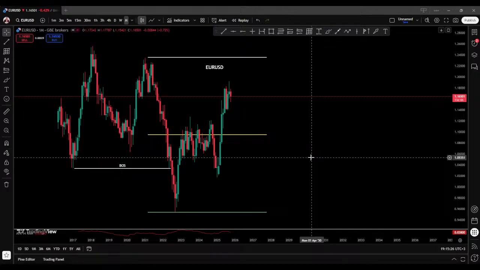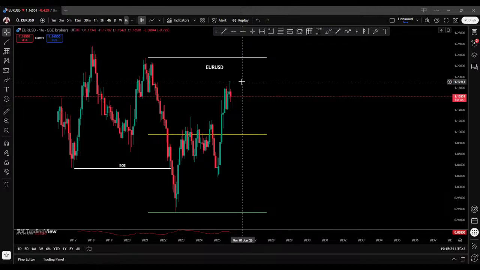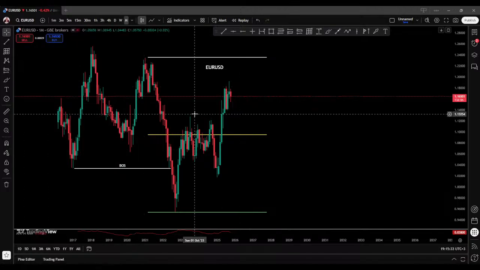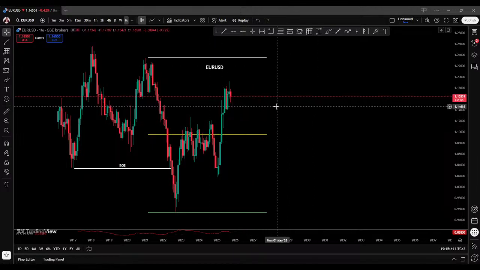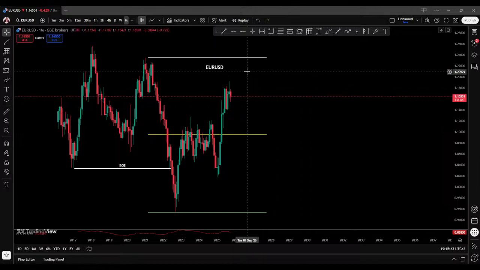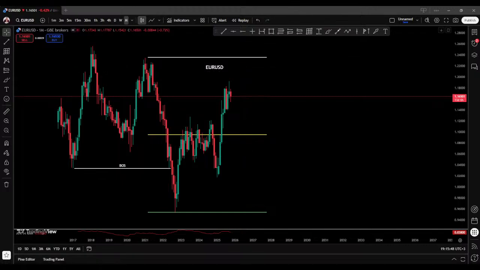So we run it from top to bottom. So we need to look at this place and ask ourselves, what are we supposed to be doing? From where I sit, this is the premium area. That means we are supposed to be selling.